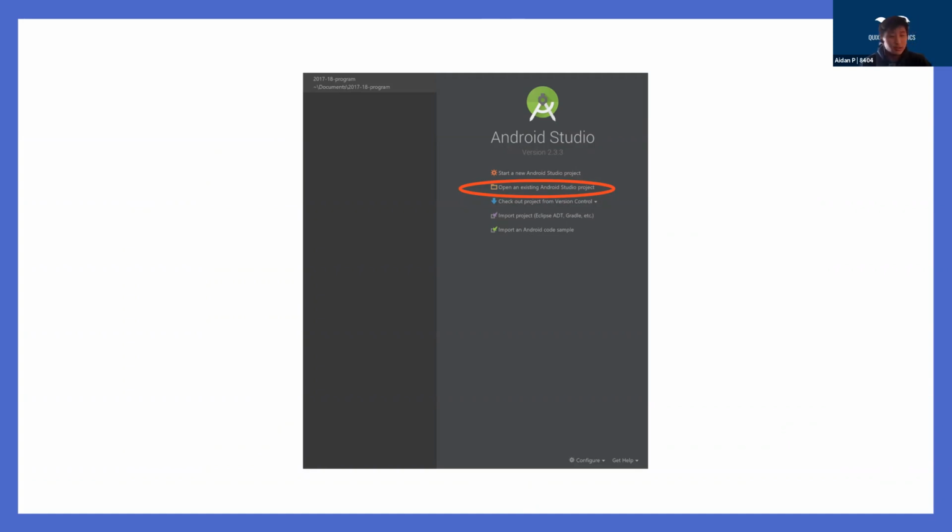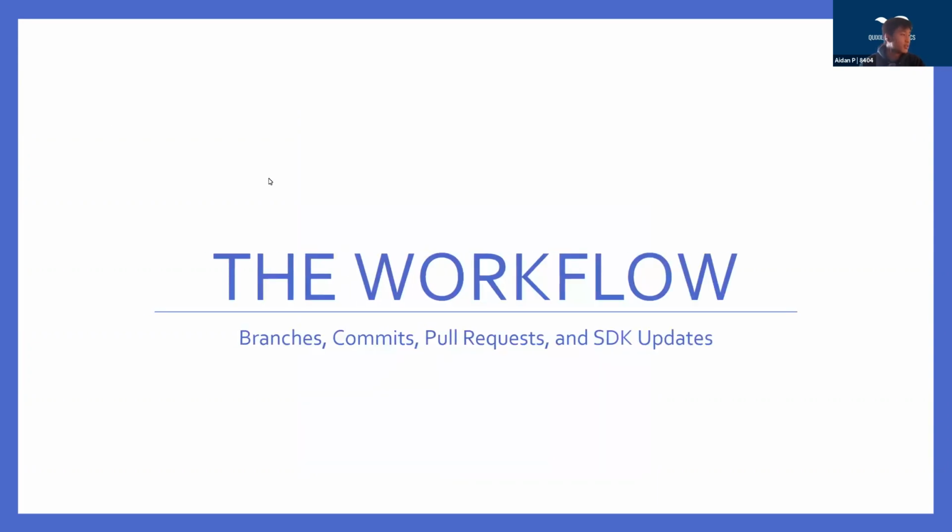If you want Android Studio to be the way that you edit your FTC code, you should probably download the FTC SDK first and then open that instead of creating a brand new project. So you just edit the SDK instead of creating a brand new one. We recommend that.